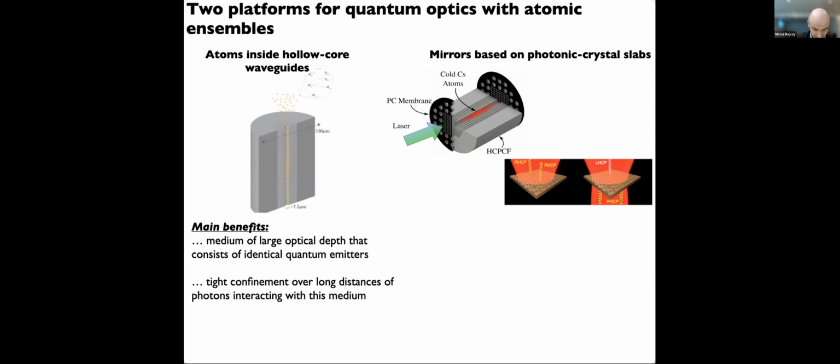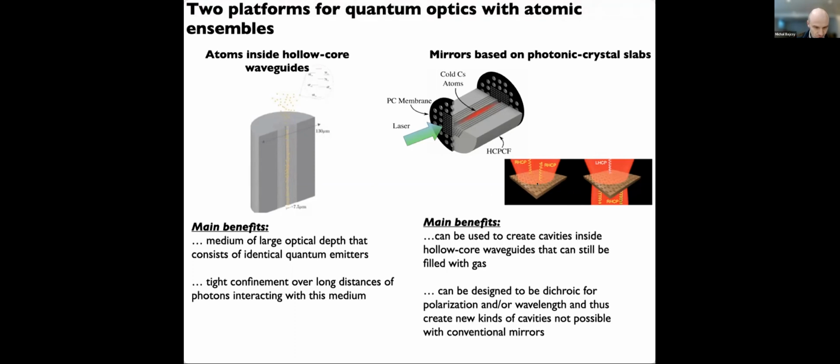The other platform that I'll be talking about is mirrors based on photonic crystal slabs, and there are a few examples of those shown in the picture. The main benefit of why we are exploring these somewhat exotic mirrors is that they can be used to create cavities inside hollow core waveguides in a way that you can still fill the hollow core waveguide with gas, because the photonic crystal slab has holes in it, so you can pass atoms or molecules through the holes and fill up your hollow core fiber.